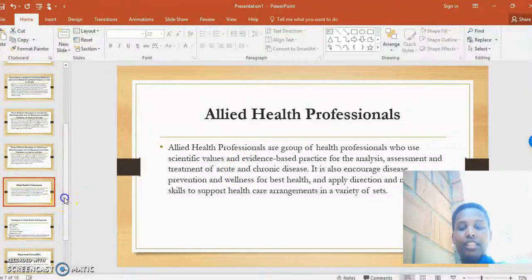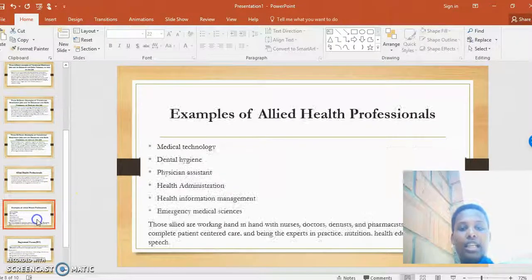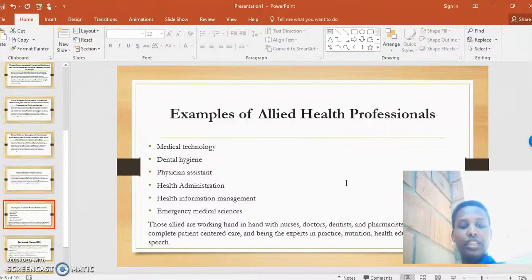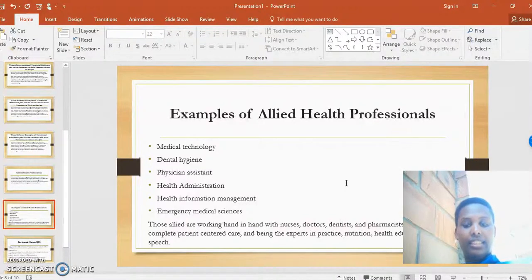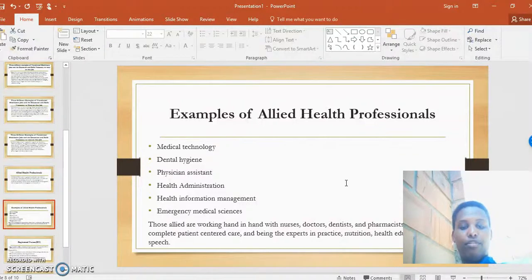There we have examples of allied health professionals: medical technology, dental hygiene, physician assistant, health administration, health information management, and also emergency medical sciences.